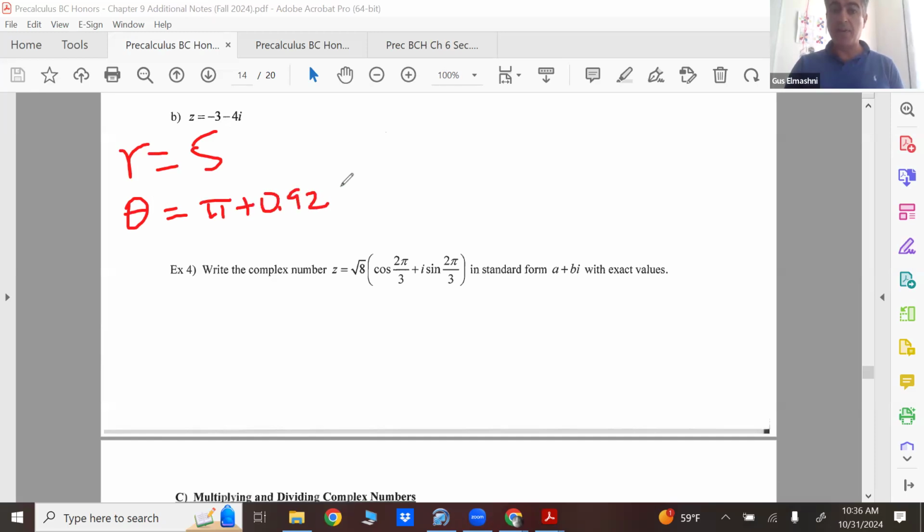You definitely need a calculator to do the angle. You definitely need a calculator. Which one are more negative four?